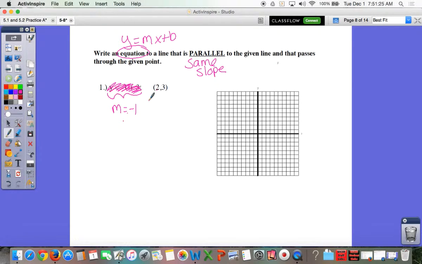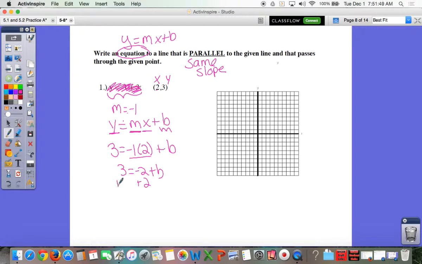Oh, we know how to do this. Now we have an m, an x, and a y. Remember, if you have y equals mx plus b, I can substitute y in, m in, and x, and solve for b. So I would say that 3 equals -1 times my x, which is 2, plus b. I'm looking for b. -1 times 2, so 3 equals -2 plus b.